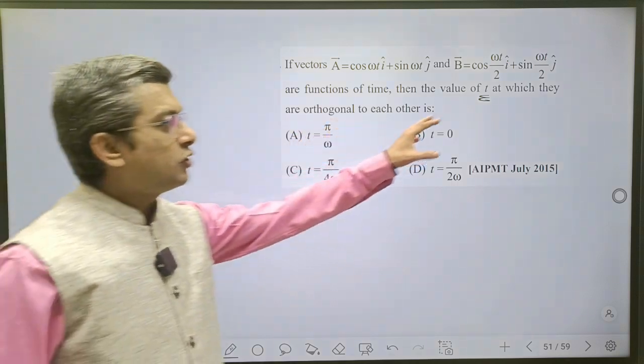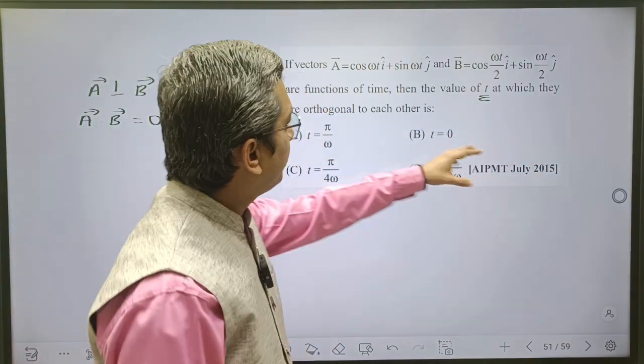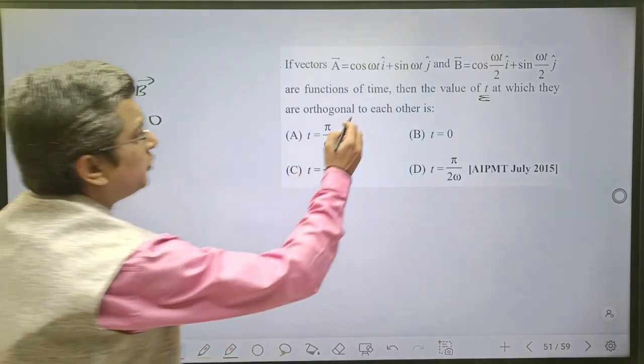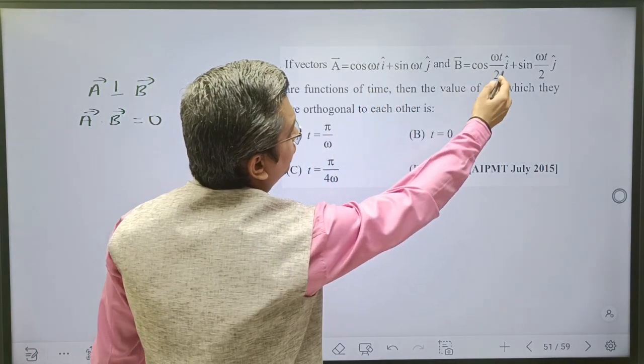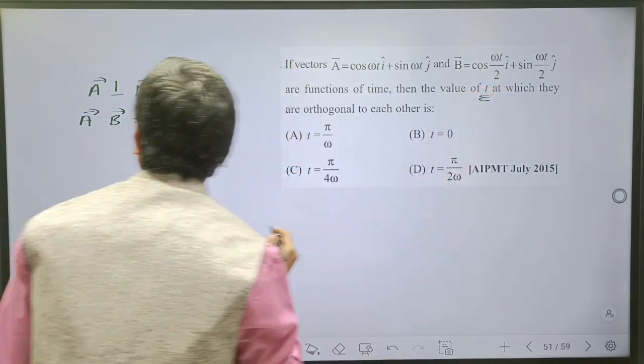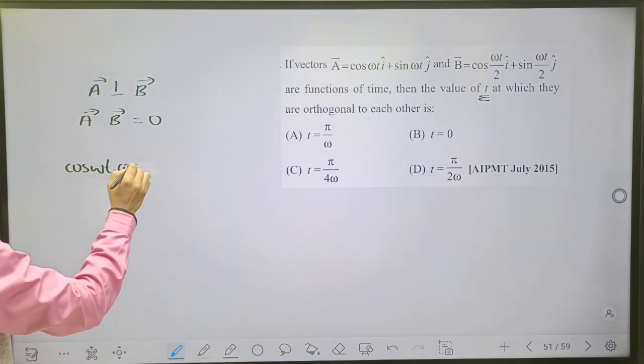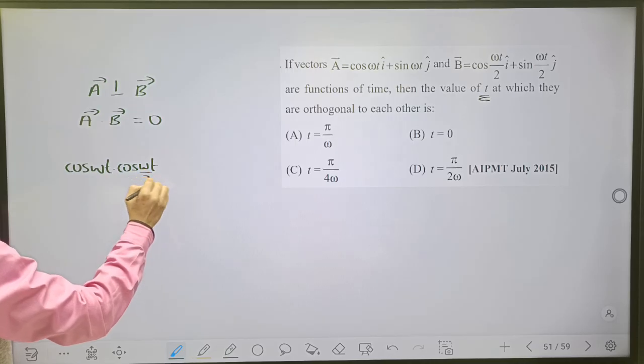So we have to put the dot product equal to 0 and then we can easily find the value of t. Their dot product is: coefficient of I cap is cos omega t and cos omega t by 2, so this will be cos omega t into cos omega t by 2.